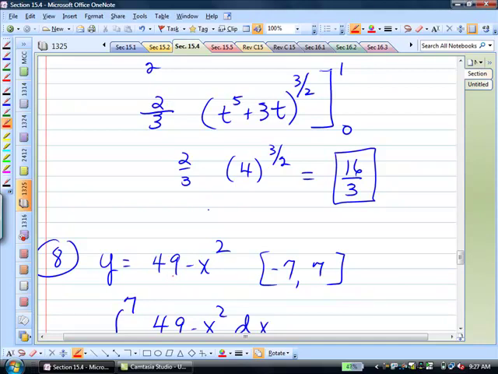What shape is it? Parabola. And it's upside down. So it's doing this. And it says it wants to know the area from -7 to 7. So what it's asking you to do is figure out the area inside here.